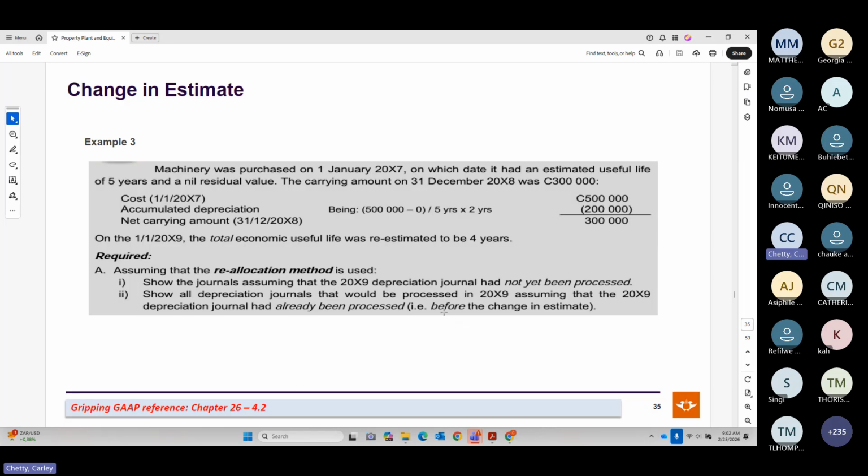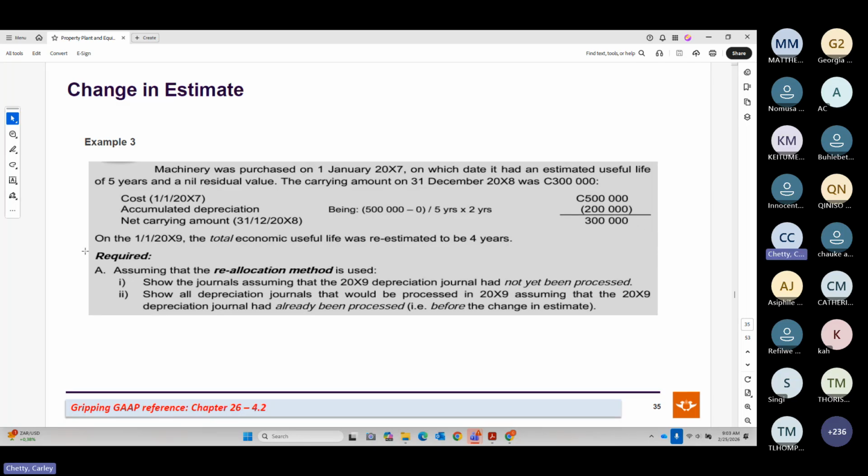The original cost on 1 January 20x7 was 500,000, and then there was depreciation for 2 years of 200,000. So this is what they're giving us. The net carrying amount on 31 December 20x8 was 300,000.